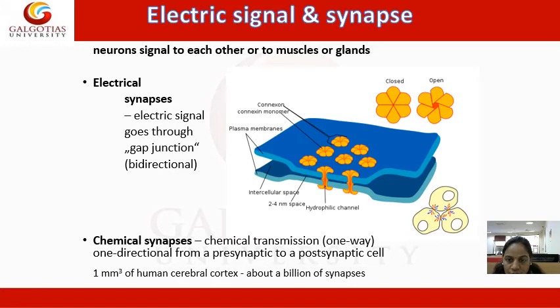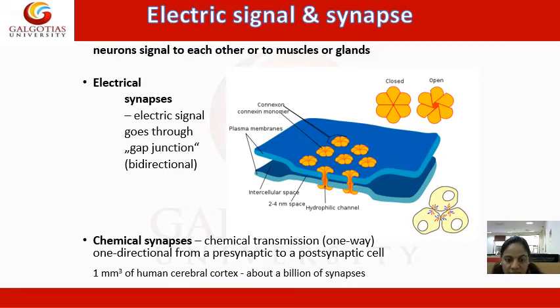It may be closed, looking like such, and it may be open, present on this plasma membrane. If I talk about one, this is going to be a monomer, and if many are taken here, it will be performing the activity like electrical signal in synapse. So you can see the electrical synapses, the electrical signal is passing through the gap junctions as well. This is going to be bidirectional here as well. So by diagram, we are able to assess this.